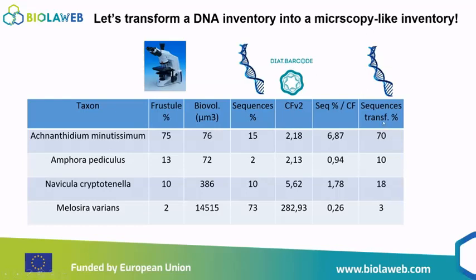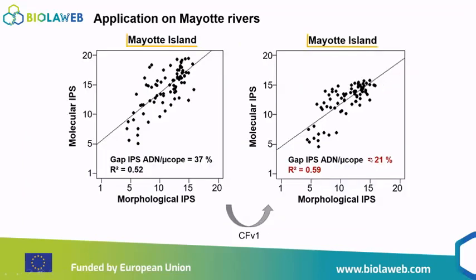You can see here we have 70%, 10%, 18%, and 7%, and the gap between DNA and microscopy is also reduced.